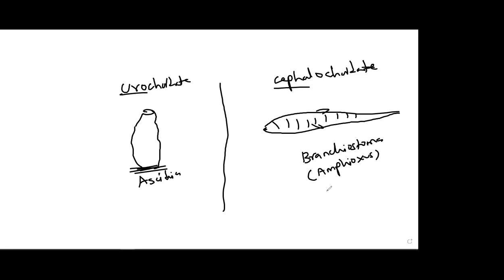Other name, lancelet. What is a lancelet? It is like a javelin. Have you seen a javelin throw instrument? It looks like javelin throw sticks, hence it is called lancelet.